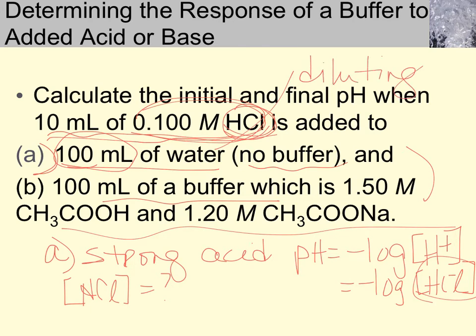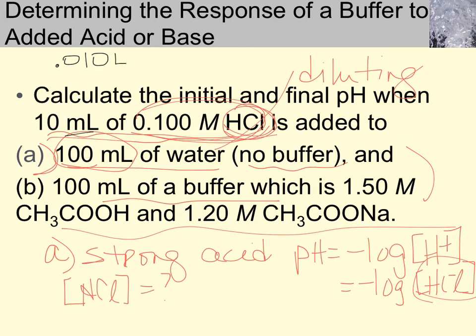So you can either use the dilution formula to calculate the new concentration, which I'll show you on the next page, or you can kind of do it like a stepwise unit cancellation. So I'm going to show you the stepwise unit cancellation method here. So if you have 10 milliliters, I'm just going to put it in liters because you're probably more comfortable with that.